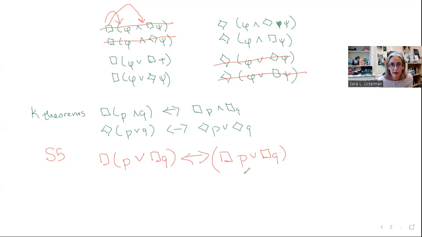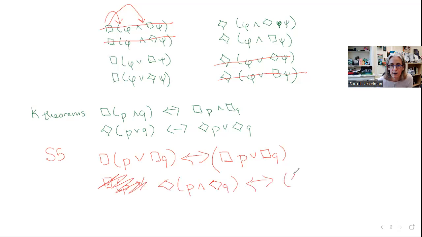So we have this equivalence, and we also have the equivalence for possibility distributing over a conjunction.